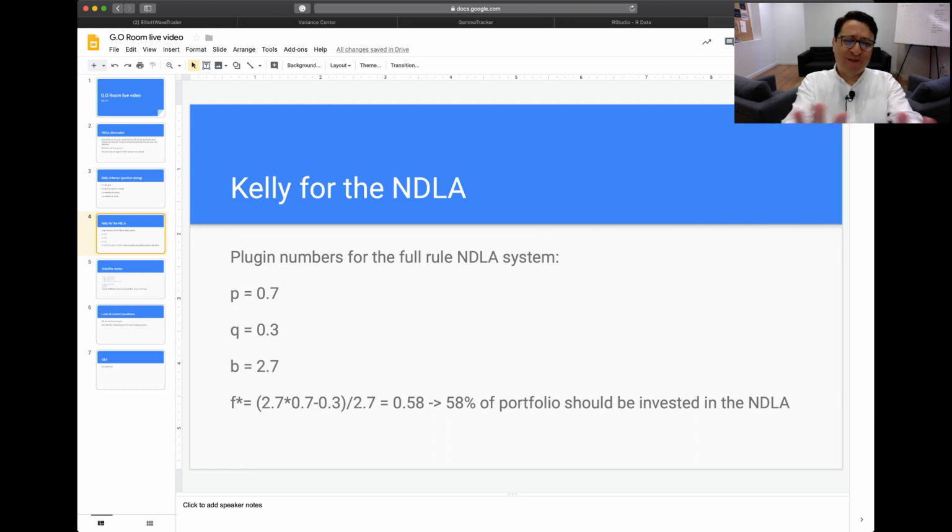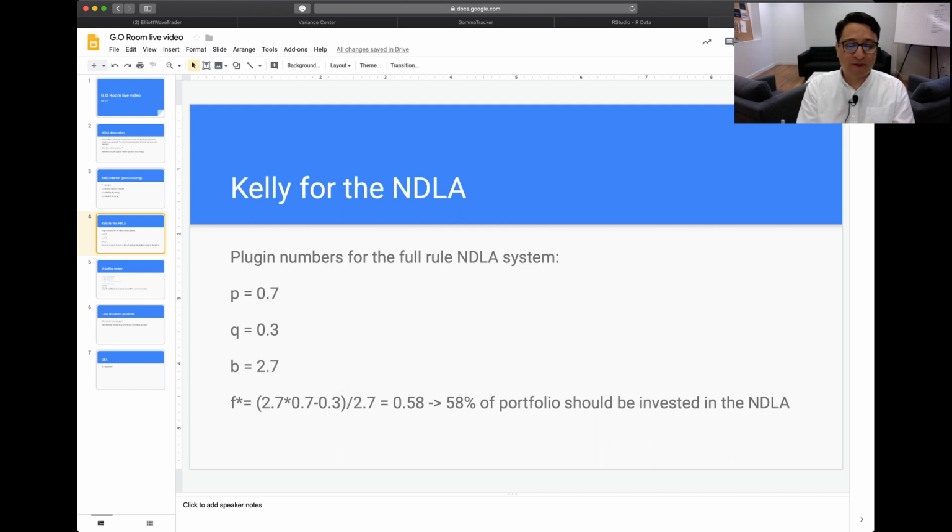And the first thing I told you, please don't do that. I mean, don't use half of your portfolio playing the NDLA. But at least that's what Kelly says, and I wanted to show an example of how the Kelly criterion works. I prefer to use a way more conservative approach because for me, the NDLA is not the only thing I play.